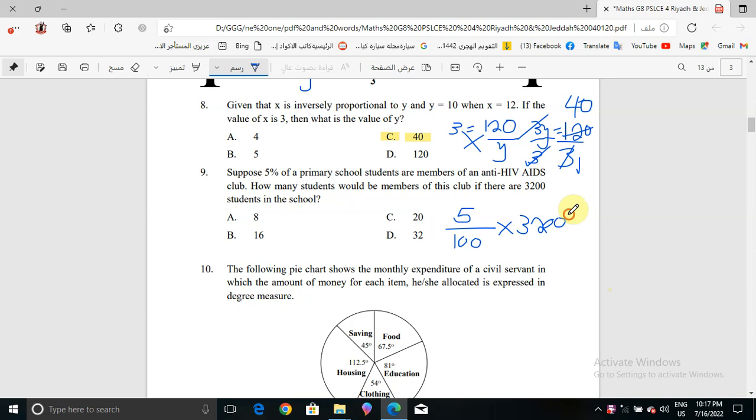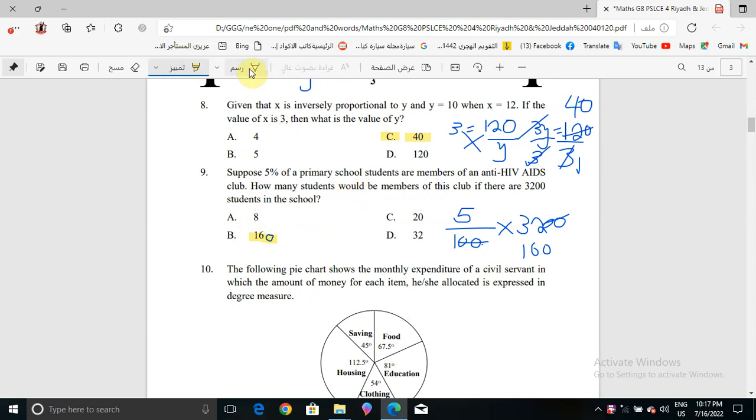So that means we'll cut 2 zeros by 2 zeros. Then 5 times 32, it will be 160. And here in the choices, it should be in choice B 160, but they wrote 16. So that means add 0 and it will be 160. So that means the correct answer for question number 9 will be choice B.